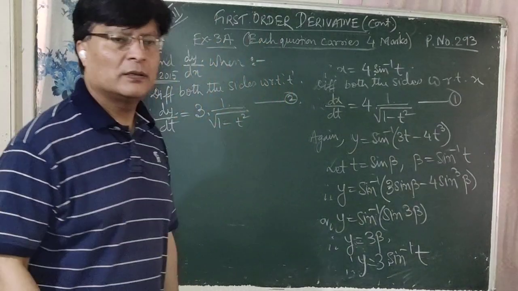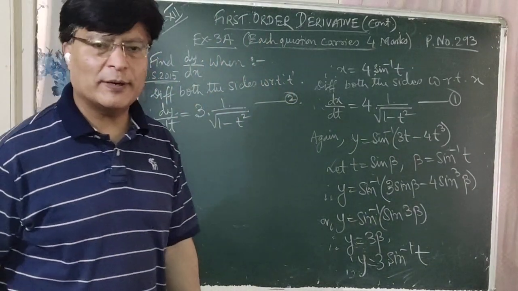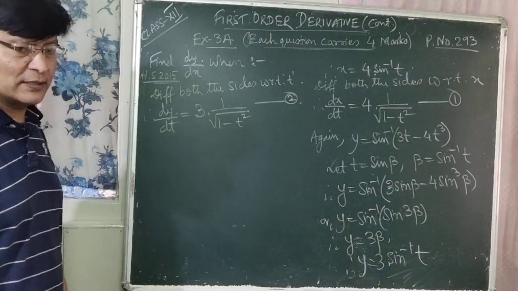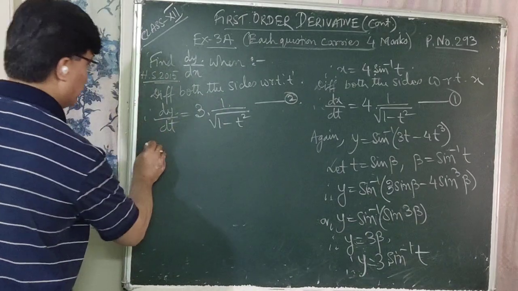So now, how can you get the value for dy by dx? What will you do with this 2 and 1? To get dy by dx, you should divide, that is dividing 2 by 1.